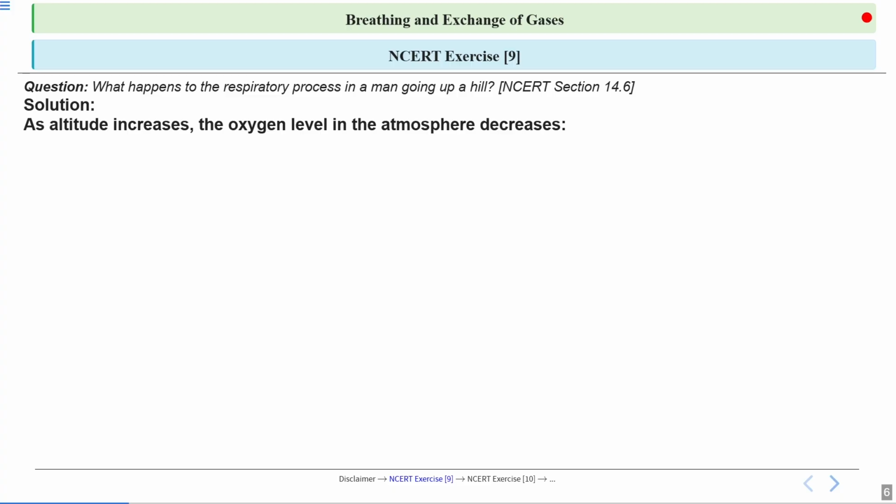So here, when we go to a higher altitude, the height is increasing, and as oxygen is a part of the air, the oxygen level also decreases. When a man goes uphill, the oxygen level decreases. How do we feel there?